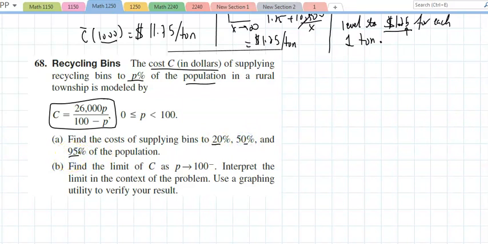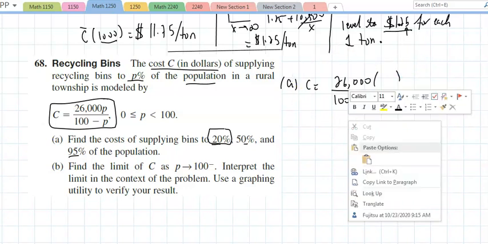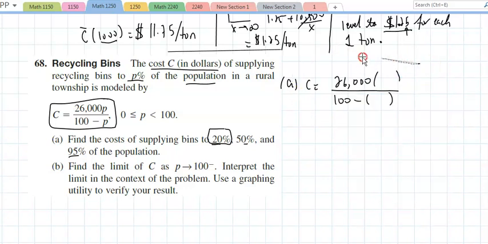So, if only 20% of the population wants bins, then the cost would be 26,000 times p divided by 100 minus p. To save time, I'm going to put that in my calculator, the usual.